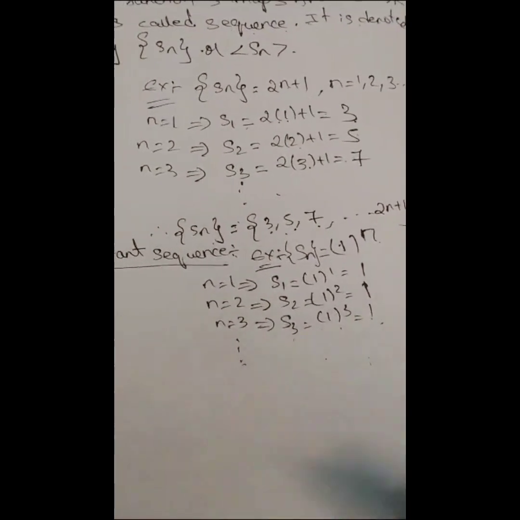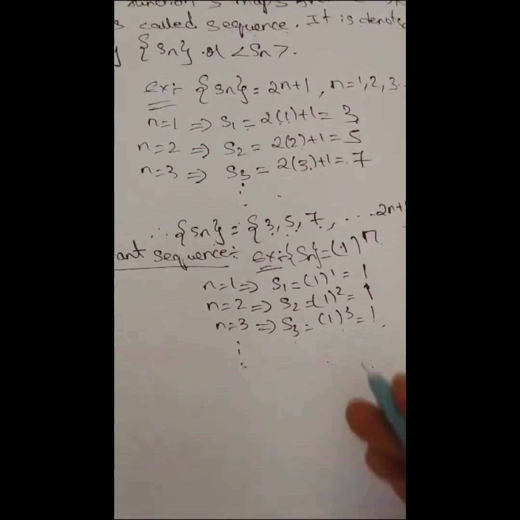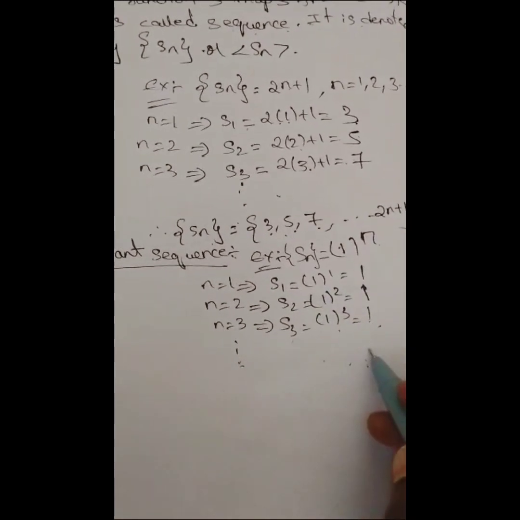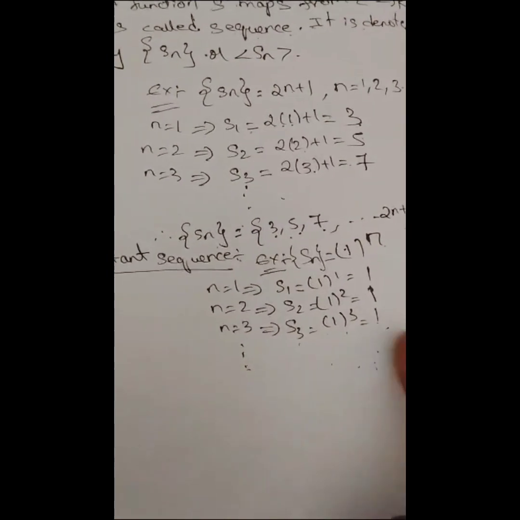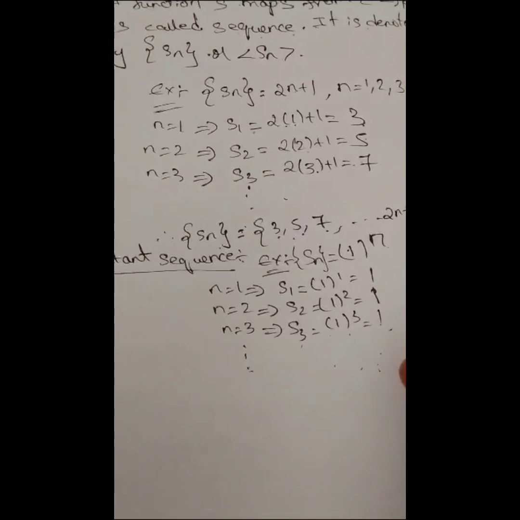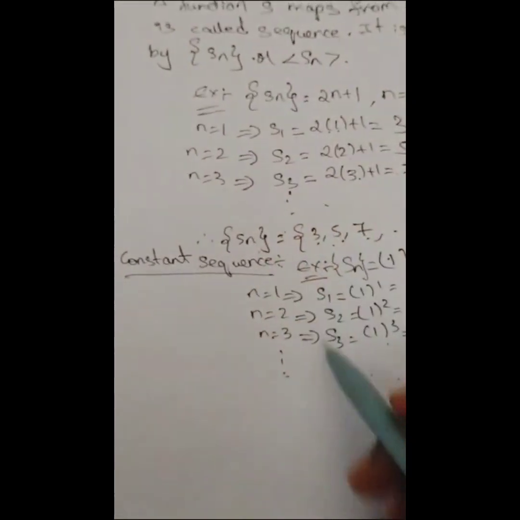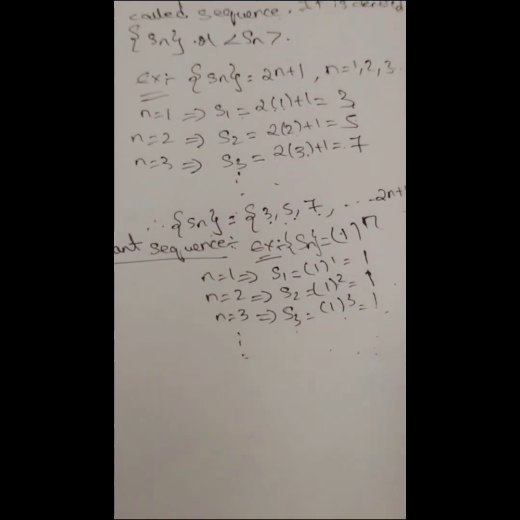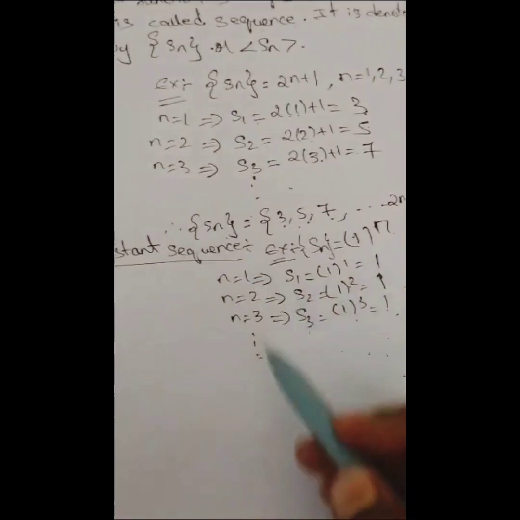Even if you take 1 power 1 lakh, 2 lakhs, millions or trillions, you get the value 1. So the value in the sequence is only 1, a constant. In each and every term you get the constant value 1, so this sequence is called a constant sequence. The same value repeating in each and every term gives a constant sequence.